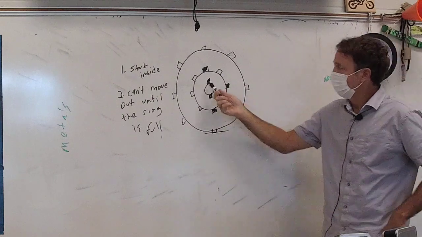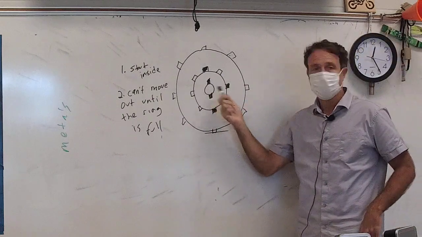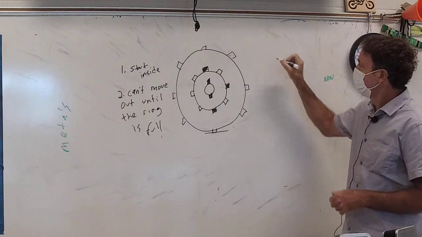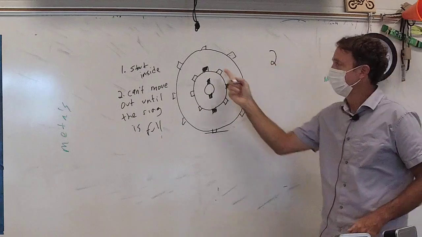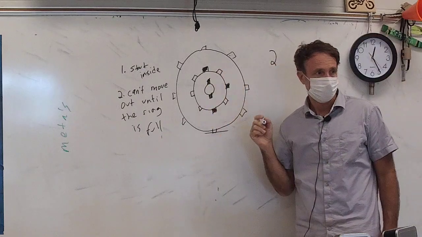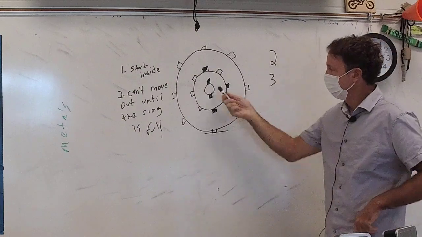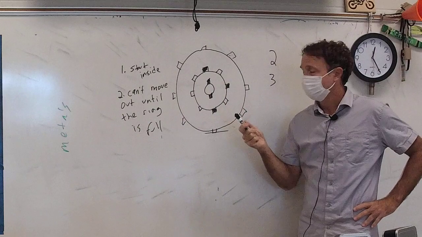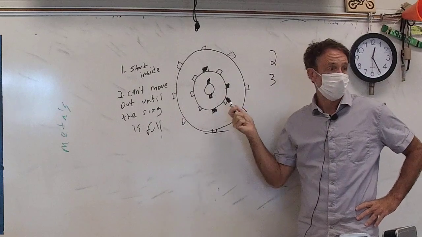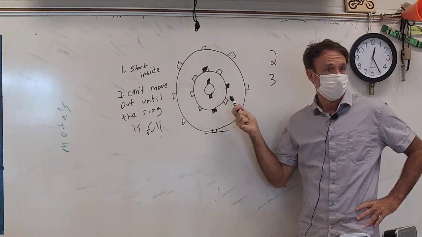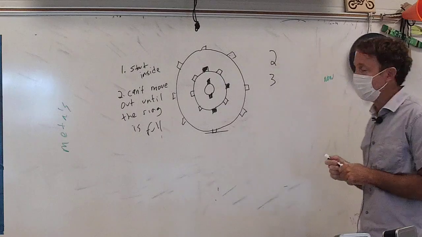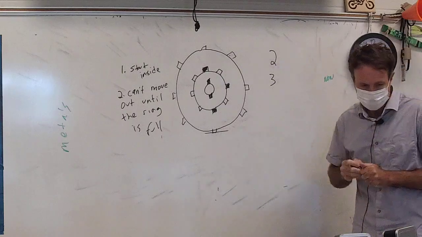So how many pieces are on your inside ring? 2. How many are on the next ring? 3. So if you look at this, this is a Bohr model of boron. Boron is number 5 on the periodic table.